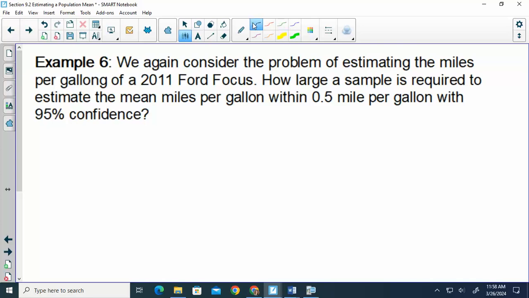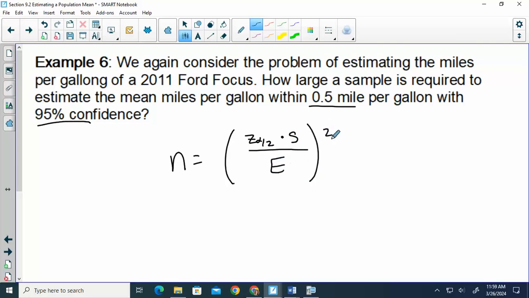So if I wanted to go back to my car problem and estimating miles per gallon, how big would my sample need to be to estimate the mean miles per gallon within half a mile per gallon with 95% confidence? So my formula: N is Z alpha over 2 times S divided by E, squared.